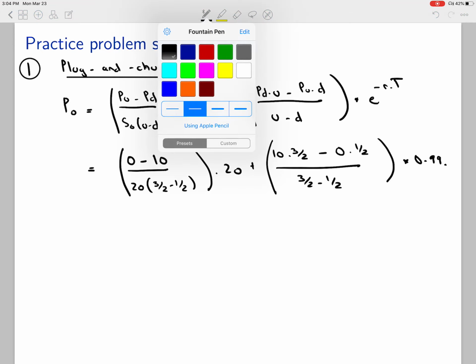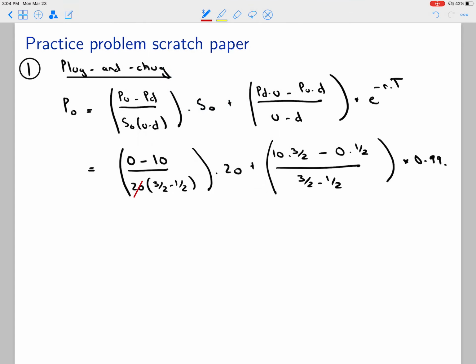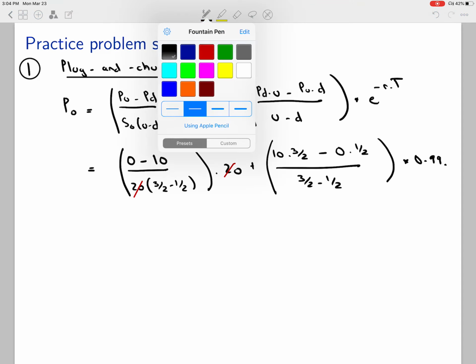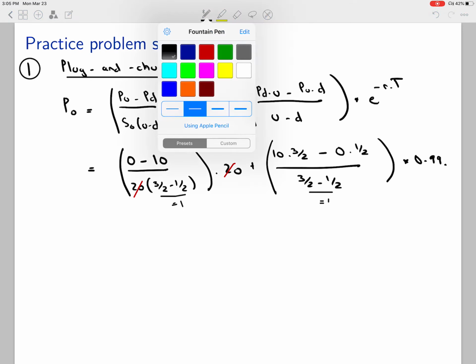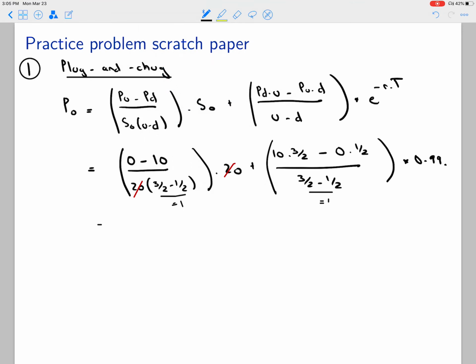Let's cancel out some like terms here. The 20 and 20 cancel, so this is going to be 1, and this is going to be 1 as well. So we have minus 10.